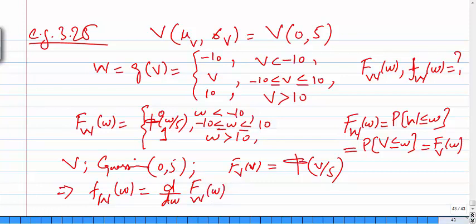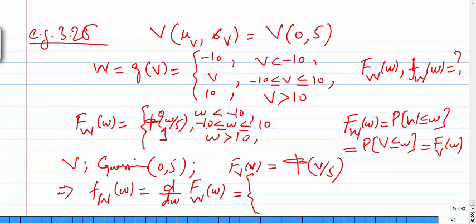Let me write on it. When I take the derivative at minus 10, it is 0. When I take the derivative at 10, it is also 0. Now I have to take the derivative at these limits and in between the limits, where we have the Gaussian.